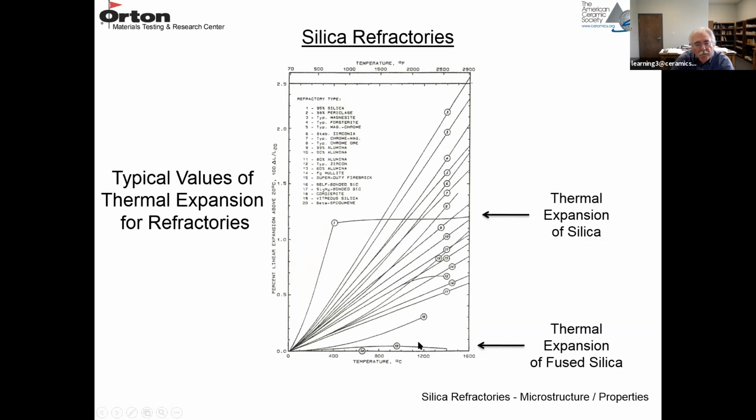For comparison, this one down here is the fused silica material. It tends to soften and melt and is no longer a structural refractory when you hit 1200 degrees C, plus it also crystallizes. So you can see the big difference between the two materials and their thermal expansion behavior.